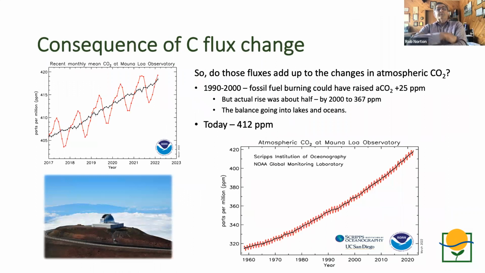So the consequence, which everybody knows and reads about, is that those fluxes mean that carbon dioxide in the air is going up at 19 gigatons per year. And the graph on the top left is the measurement at Mauna Loa, which is on the big island in Hawaii.